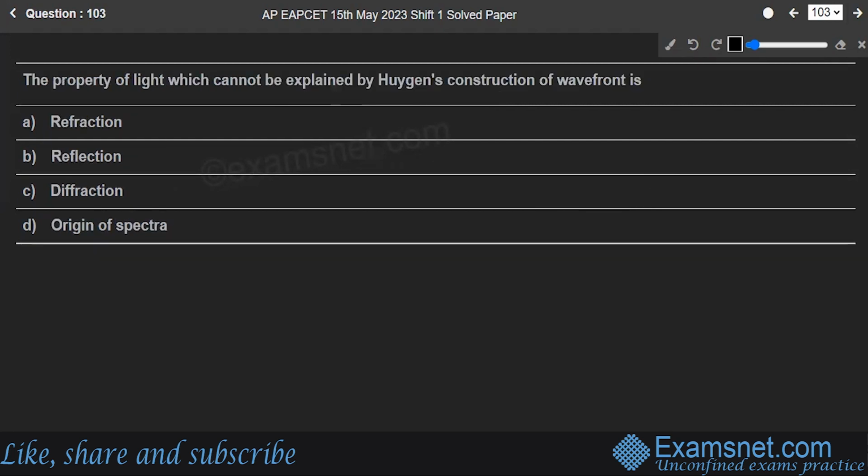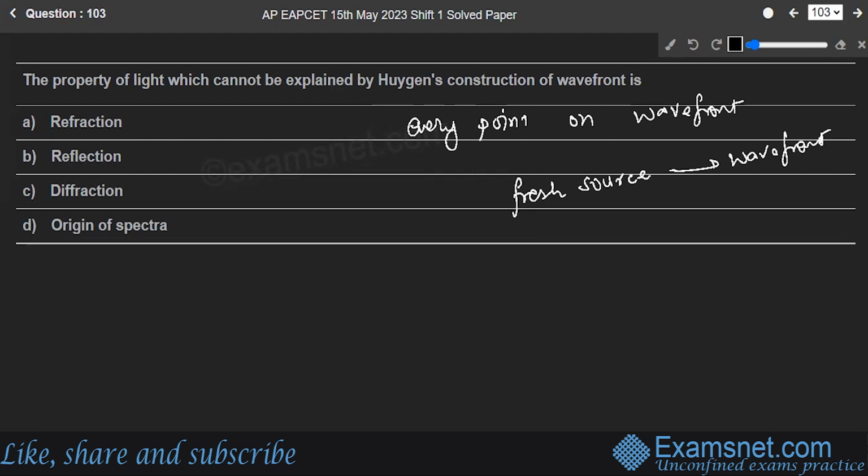The property of light which cannot be explained by Huygens' construction of wavefront is refraction, reflection, diffraction, or origin of spectra. Okay, see, Huygens' principle states that every point on a wavefront will act as a fresh source for the next wavefront.